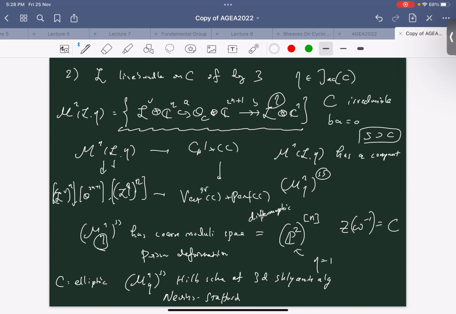How about you deform the del Pezzo surfaces, but not by fixing the curve itself, but moving the del Pezzo surface? When you deform the surface, I don't know what you do with the curve. Do you have to deform at the same time, or do you fix the curve but deform the surface?